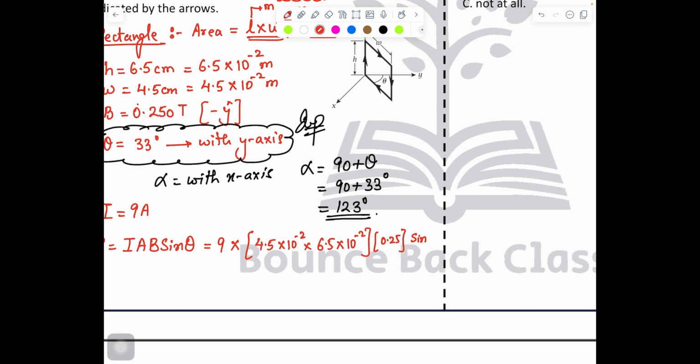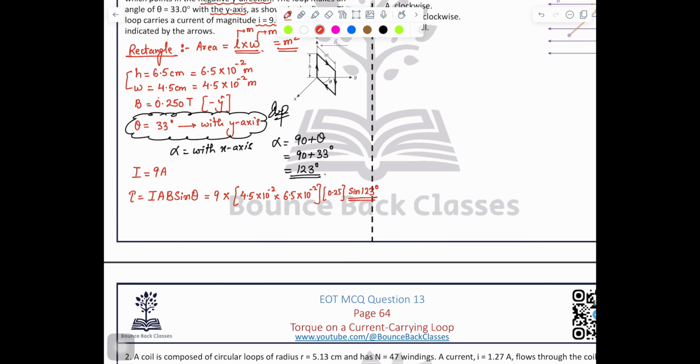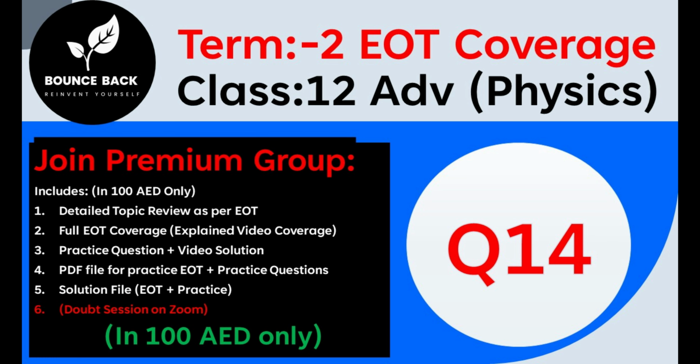Now just solve this. Once you solve this, we get torque is equal to 5.52 times 10 raised to power negative 3 Newton meter. Clear? Understand?